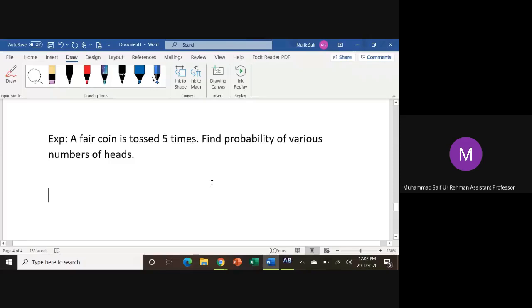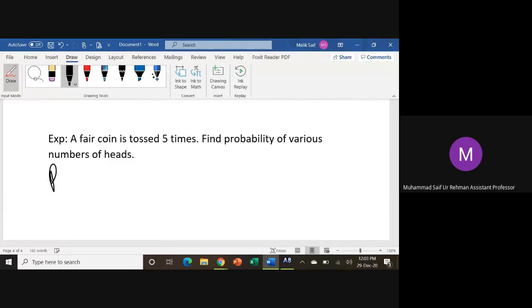So you can define your heads as successes. Okay. So let X be the event that head is there. So X is basically number of heads, successes.